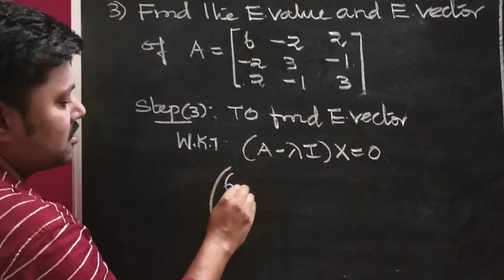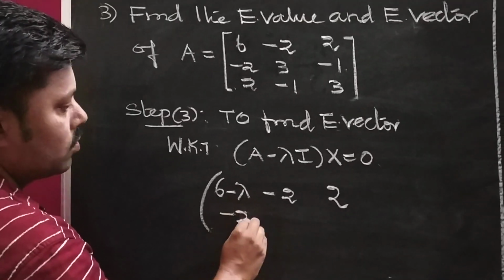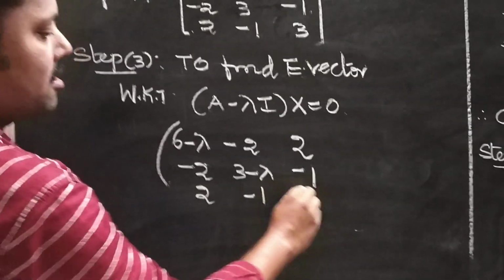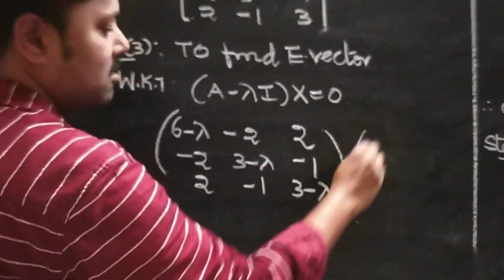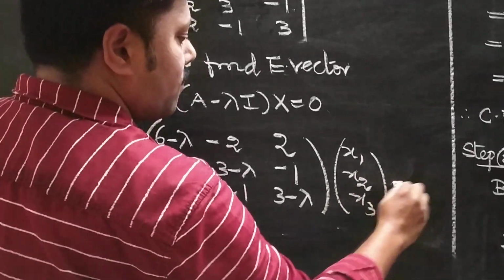Therefore we get [6-lambda -2 2; -2 3-lambda -1; 2 -1 3-lambda] into [x1; x2; x3] equal to 0.